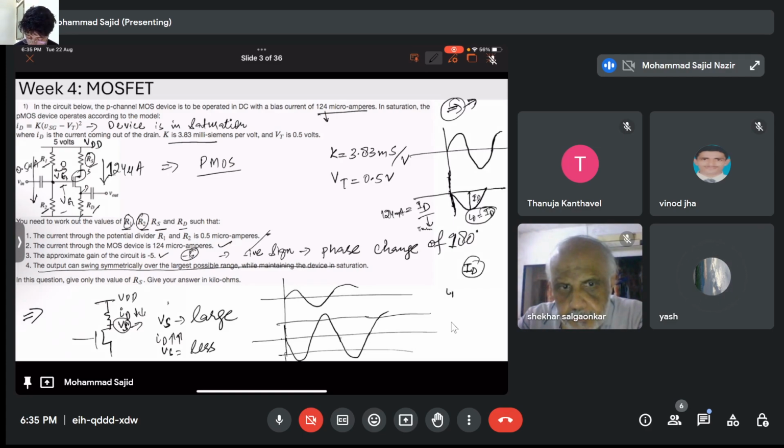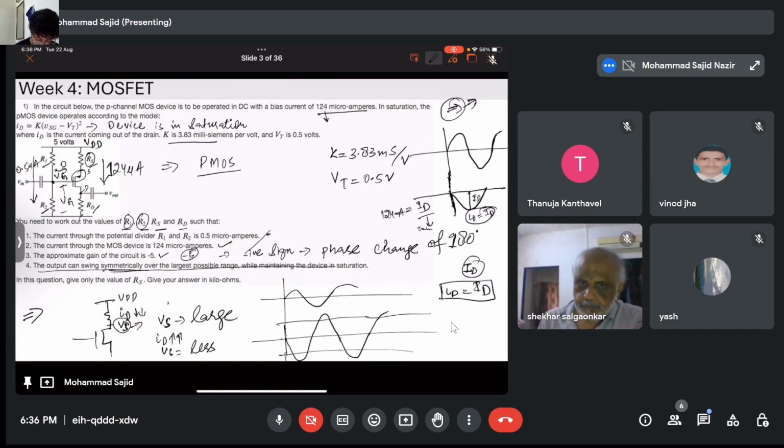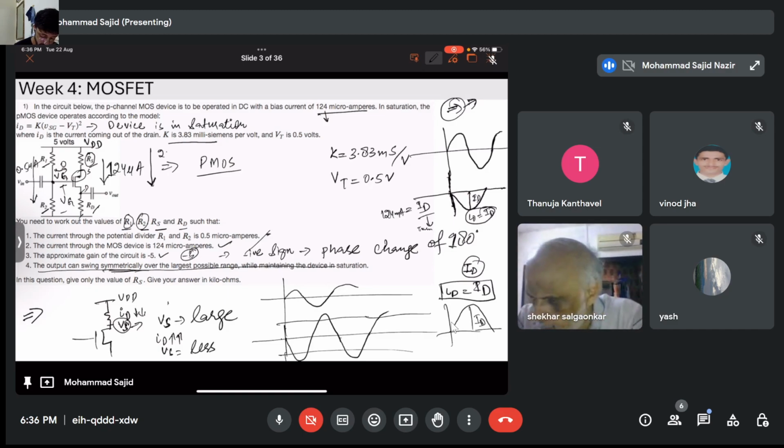Your small signal can swing maximum to ID. And similarly in the positive cycle, it has to go to ID only because we are talking about symmetrical, right? So in the positive direction as well, it can go maximum of capital ID. So this is the condition, that the maximum current flowing through the device can go to 2 times ID.